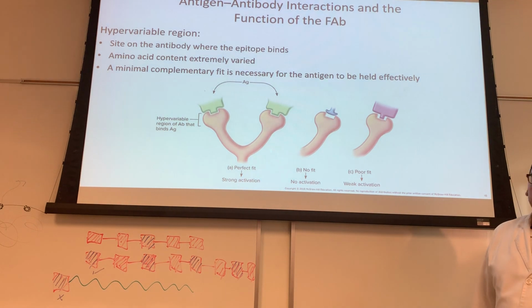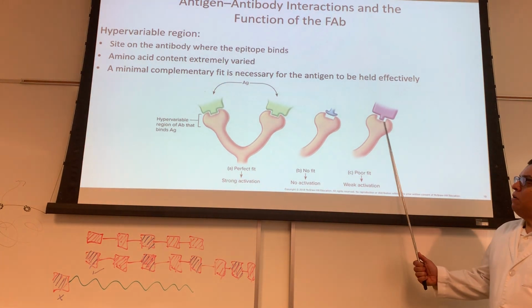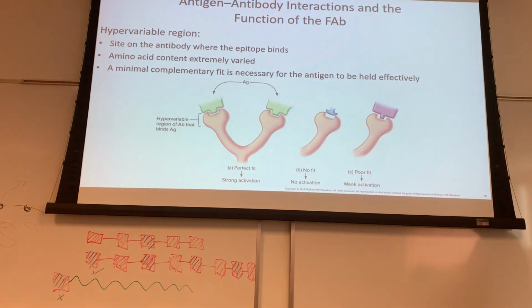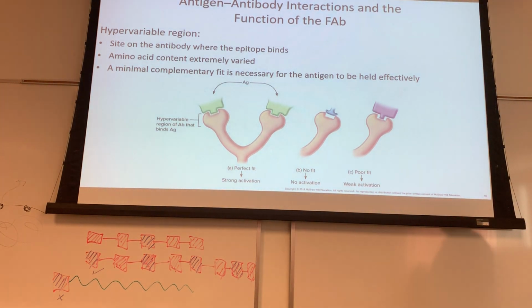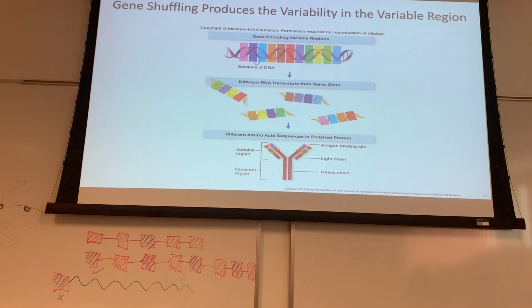That's obvious. But you can also get a weak activation when it fits somewhat. So you can get a whole wide range of activations there, from very strong to no activation. And it has to do with how the antigen fits in the antigen binding site. Kind of mimics substrates and enzymes in that sense.